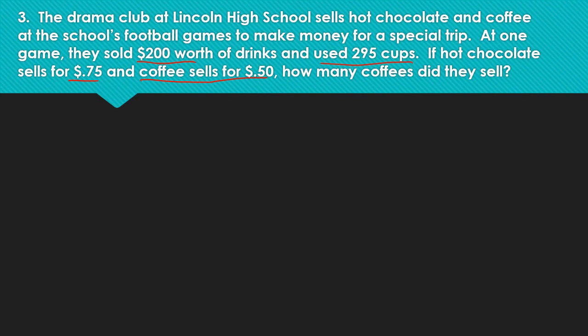So we have H for hot chocolate, or X for hot chocolate, whatever you want to call it. So we have H, and that's our hot chocolate, hot cocoa. Then you have C, which is going to be coffee.